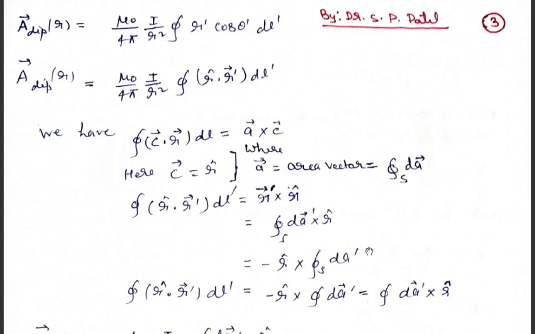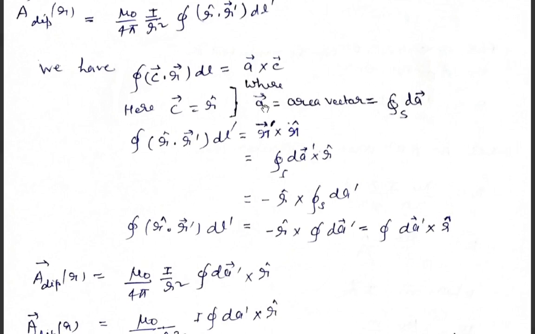Okay, so this means that in our vector potential term, this line integral of r unit vector dot r vector prime dl prime, in place of this what we can write? We can write minus r unit vector cross product with surface integral of dA prime vector. Or obviously if you change the position, that plus sign will be there. So we can write this quantity.